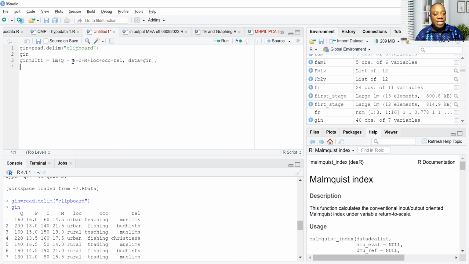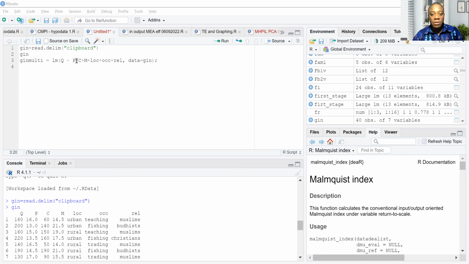Anyway, you bring that tilde sign, then the names of the independent variables: P, which is the price of gen bitters, C, which is the complement price of gen bitters, M, which is the average income. Yes, Adam. Doc, it looks like there are spaces between the Q and the tilde sign. Whether there's a space or not, it'll work.